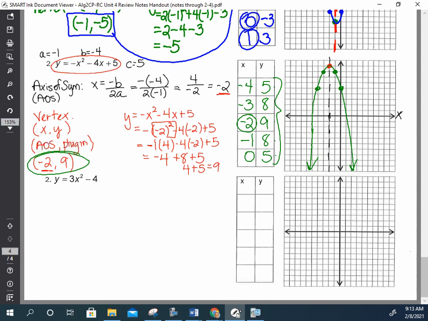That's it. Problem's over. And most of the work comes from doing the axis of symmetry and doing the vertex. After that, the calculator can realistically take care of everything else.